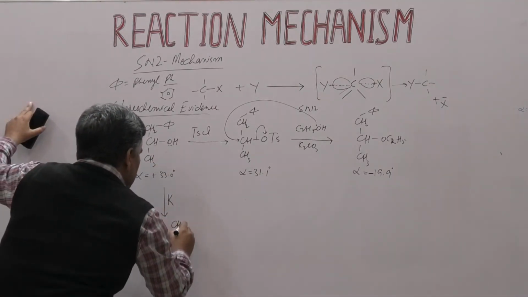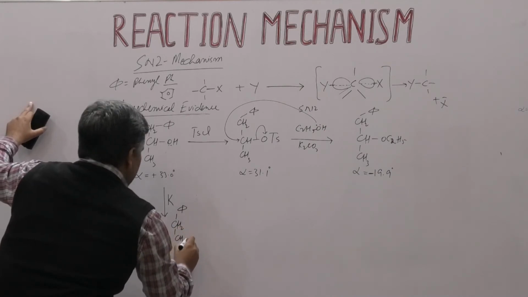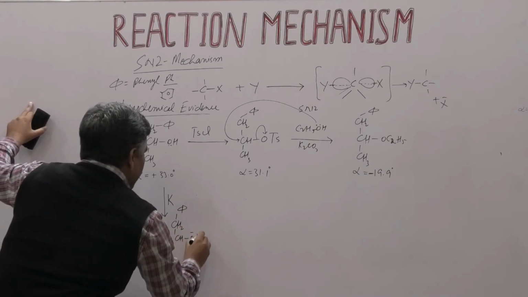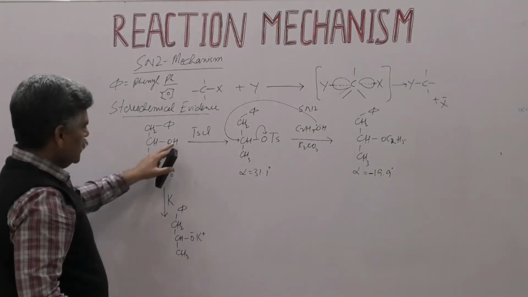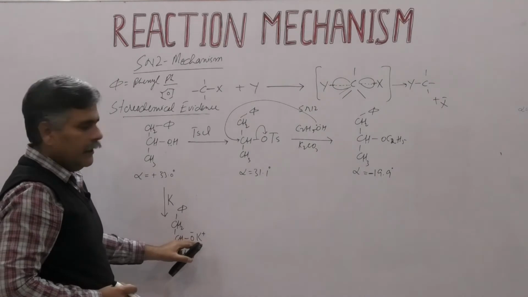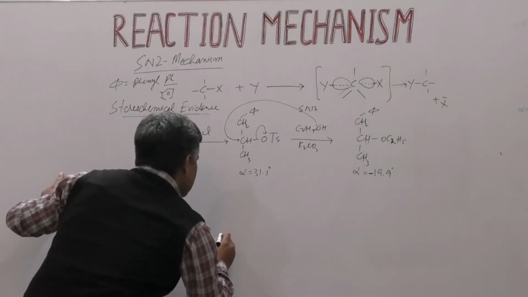We have CH2 phenyl, CH, O negative and K positive, CH3. This is simple, the formation of a salt. So here again the carbon-oxygen bond is not cleaved.